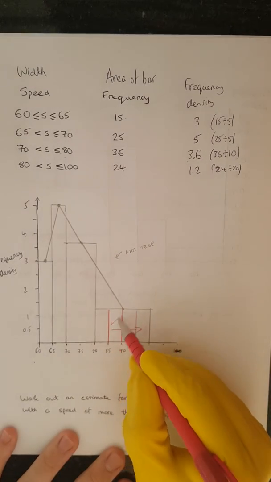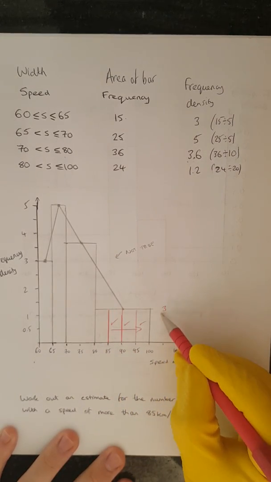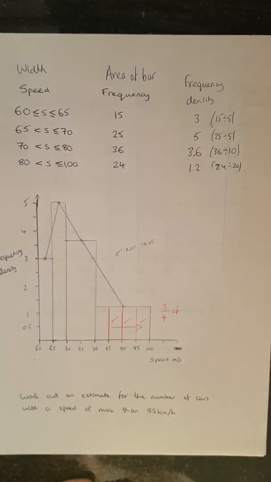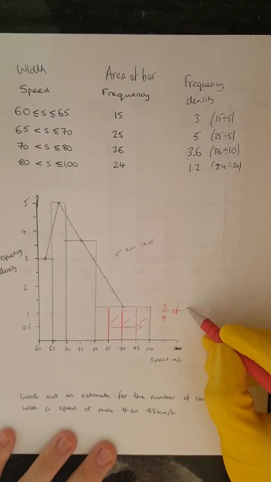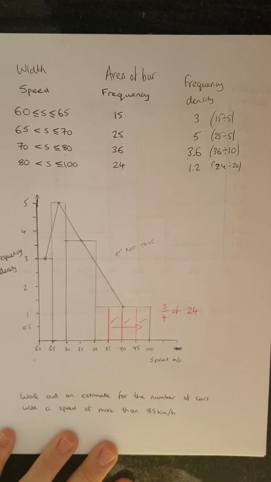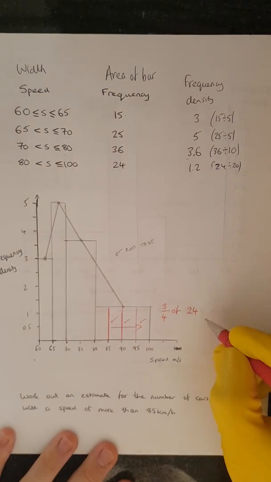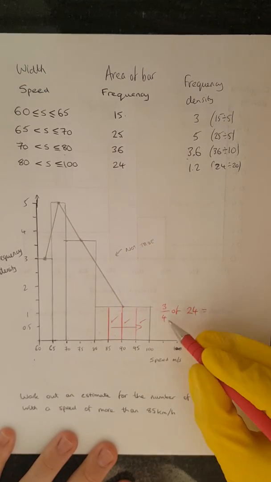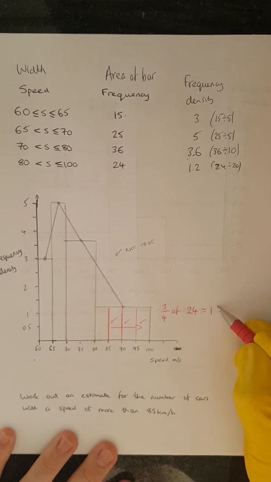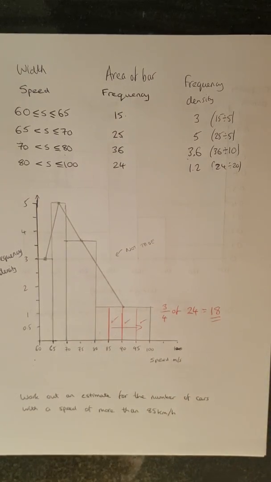And I want 3/4 of that bar, which is 24. So 1/4 would be 6 and 3/4 would be 18.